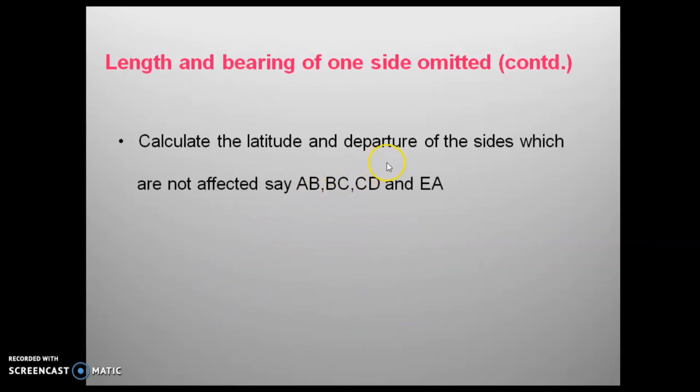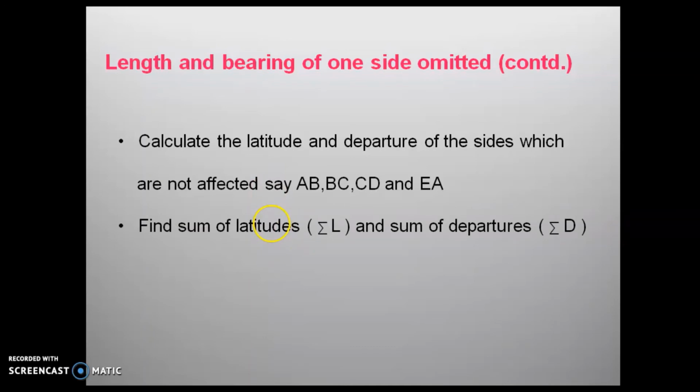For these you calculate the latitudes and departures. How? Latitude is L cos theta and departure is L sin theta. Based upon the sign conventions you can say positive or negative, or from the figure itself you can mention it. Now find the sum of the latitudes. What do you mean by sum of latitudes? Sum of northings plus southings, all together you club.